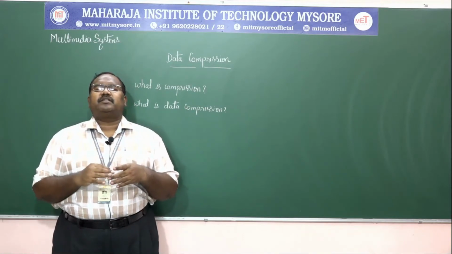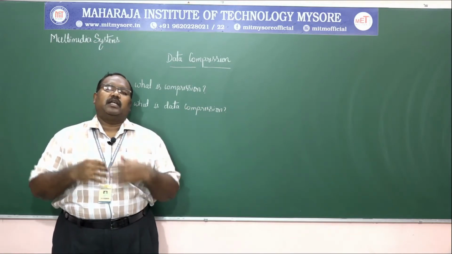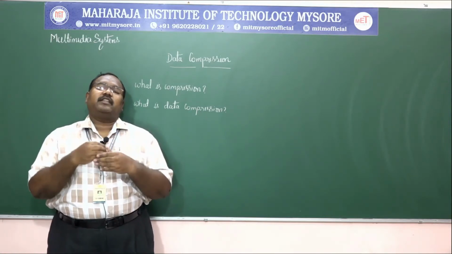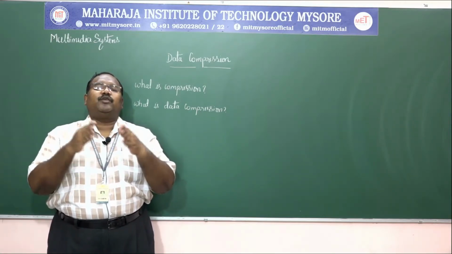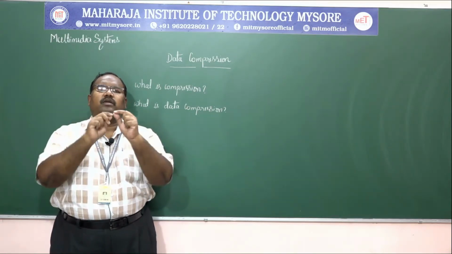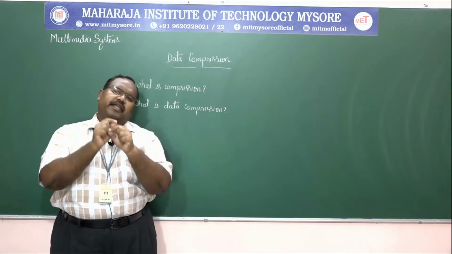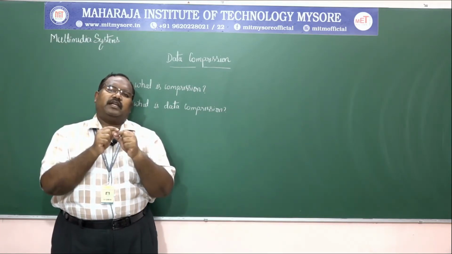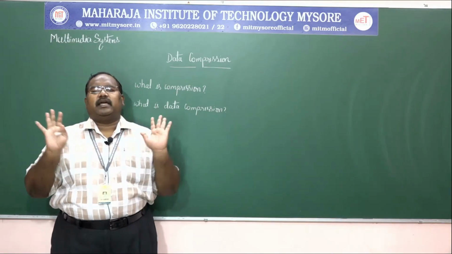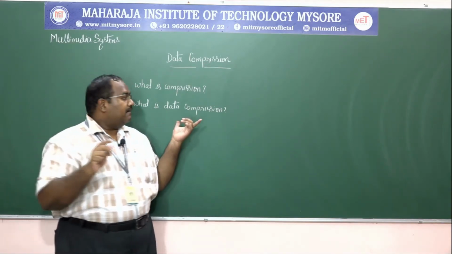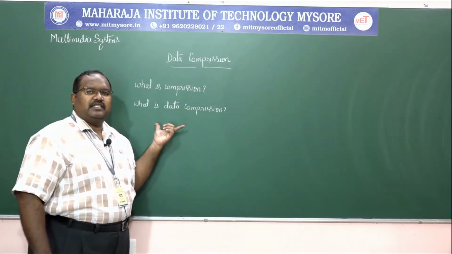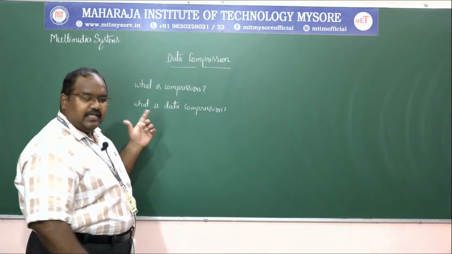Data compression is a process of encoding or reconstructing or otherwise modifying the data in order to reduce the size. That's it. In simple words, encoding of data, reconstructing it or modifying the data to reduce the size of the file is said to be a compression method. So compressing of data in order to reduce the file size is said to be data compression.